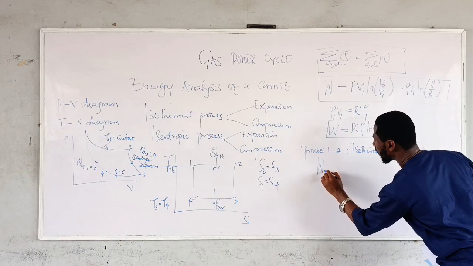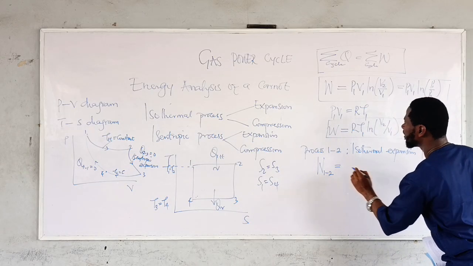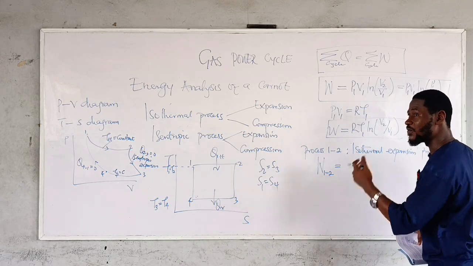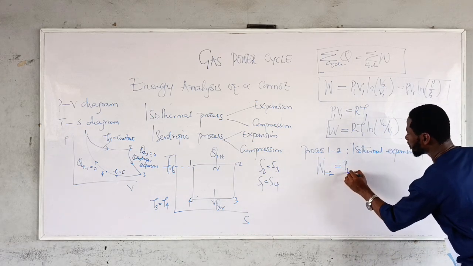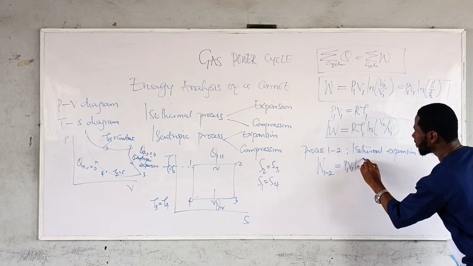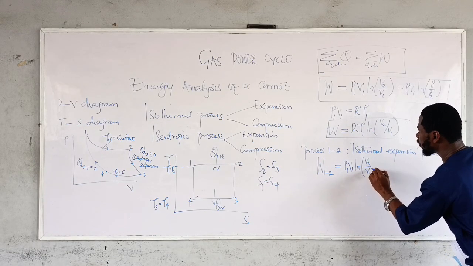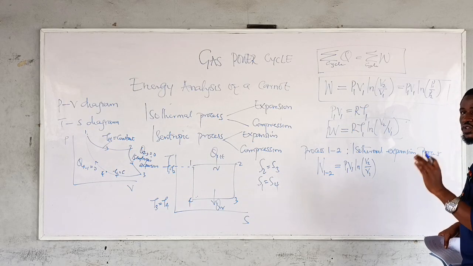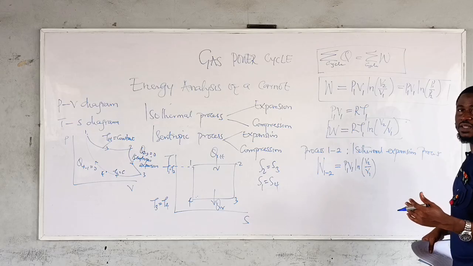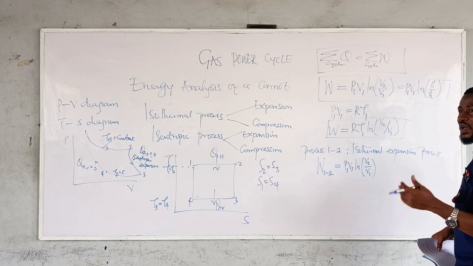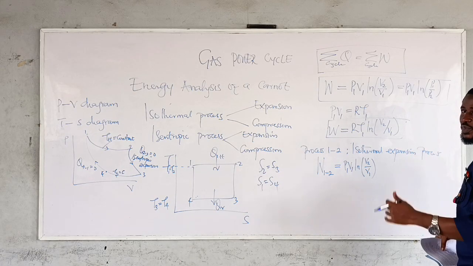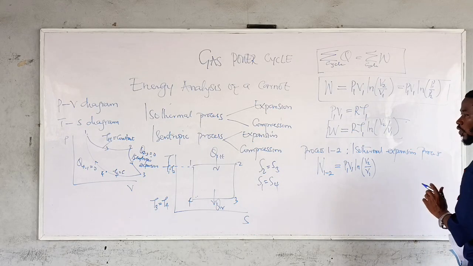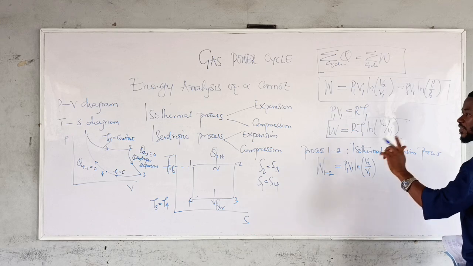The work done from stage 1 to 2 is given as P1 V1 ln V2 over V1, if you are writing it in terms of volume. If you are writing it in terms of pressure, go back to your fundamental, which is Boyle's law, P1 V1 equals to P2 V2. When you make V2 over V1 the subject of the formula, you have P1 over P2. So this is the work transfer in stage 1.